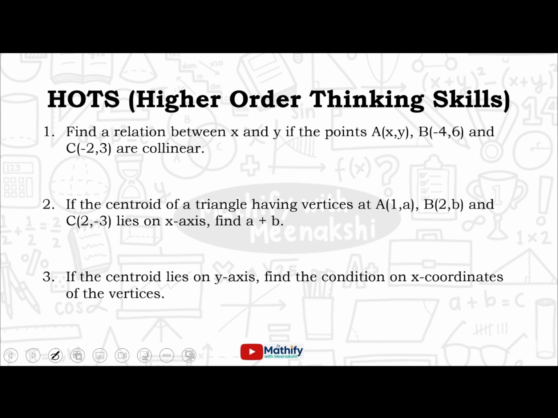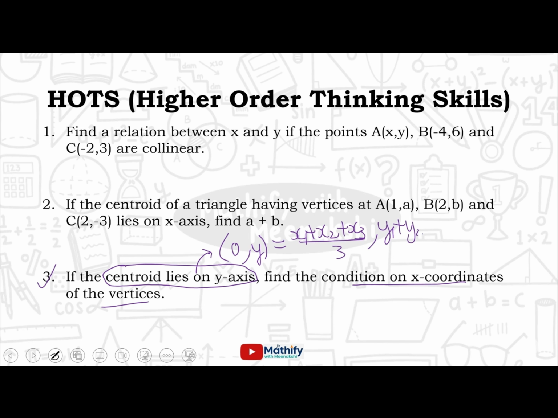Let's move to question number 3, the last question. It's written, the centroid lies on the y-axis. That means your x is 0 this time. Now, find the condition on the x coordinates of the vertices. We know the centroid is x1 plus x2 plus x3 by 3, comma y1 plus y2 plus y3 by 3.